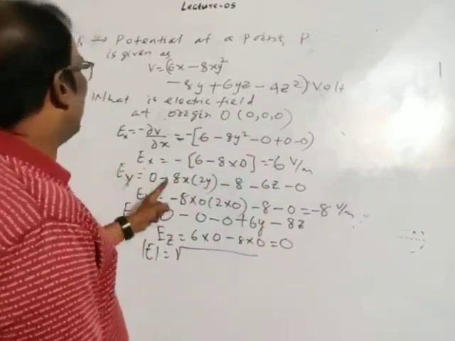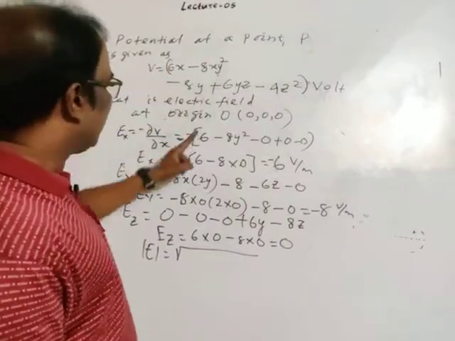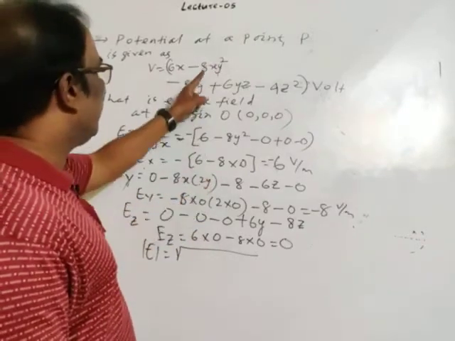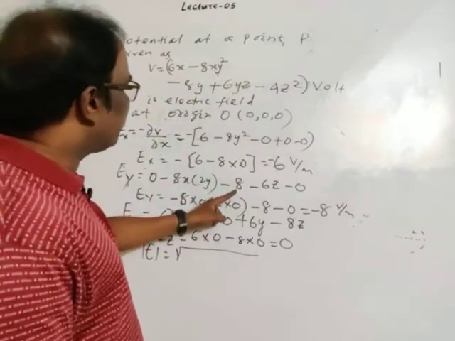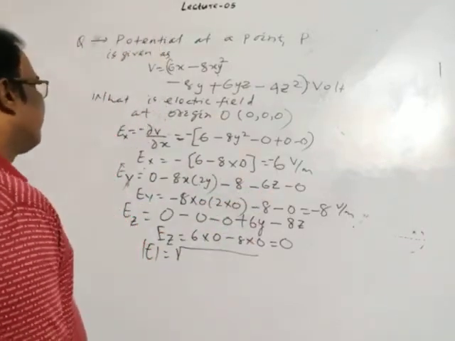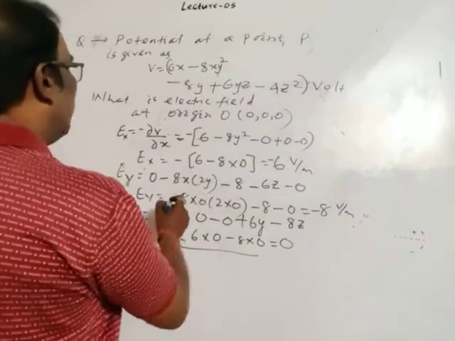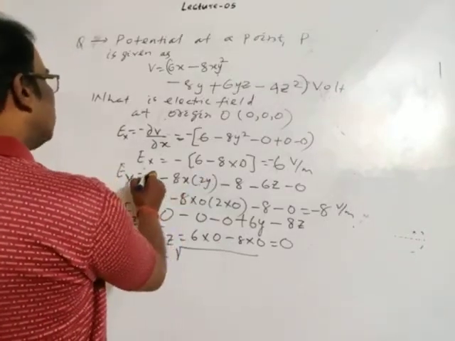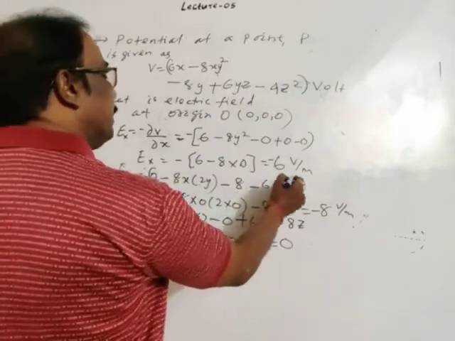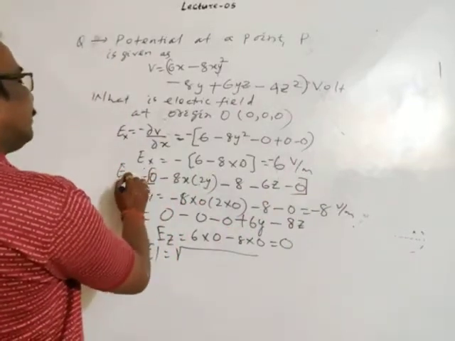Ey, 6x 0, 8x into 2y, 8x into 2y, minus 8. Okay, Ey. So inside the bracket, this is negative.